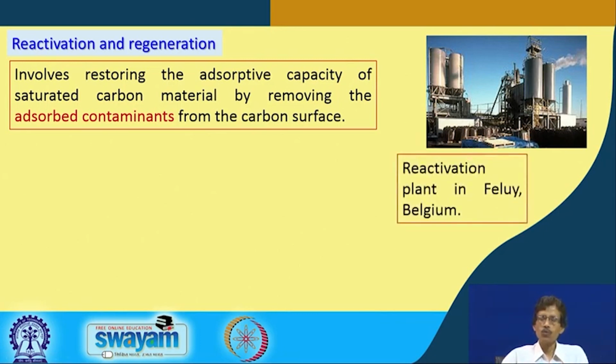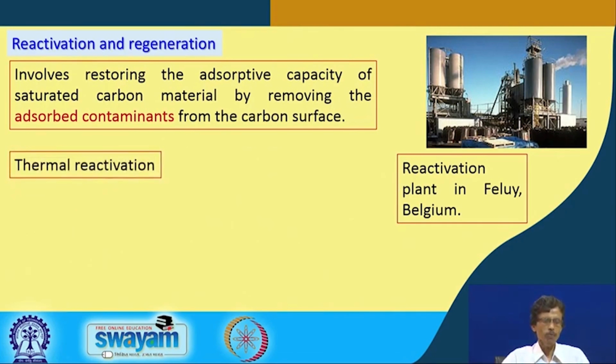This figure shows a reactivation plant in Belgium, at Feluy, where we have the corresponding reactivation plant. So it's basically a huge plant. Industrial inorganic chemistry can also be useful for setting up and running this plant for regeneration of the activated carbon.